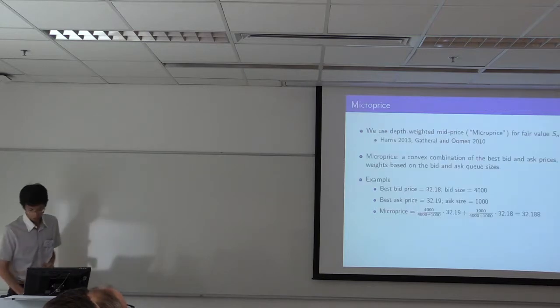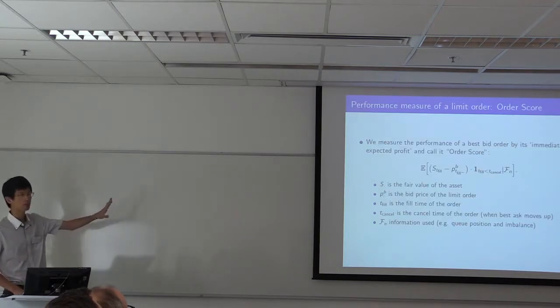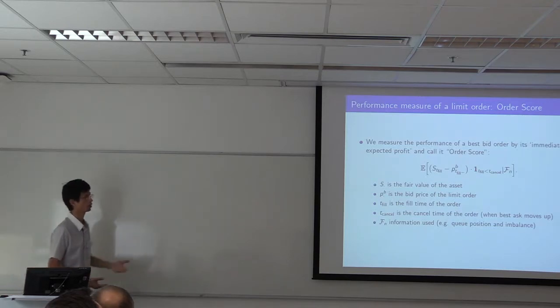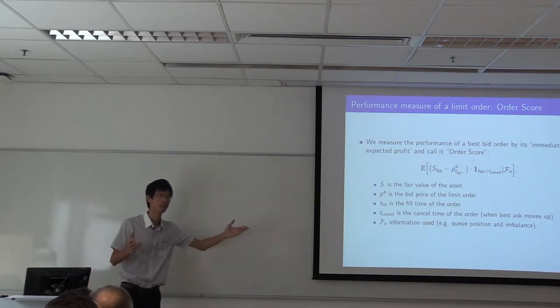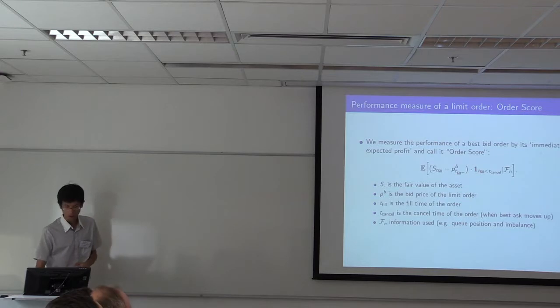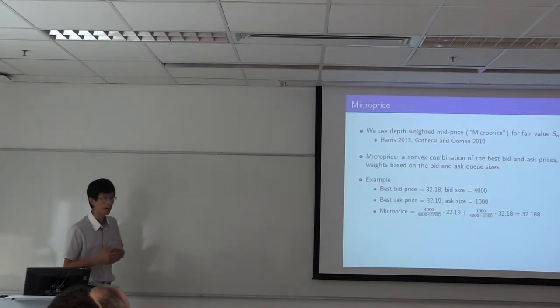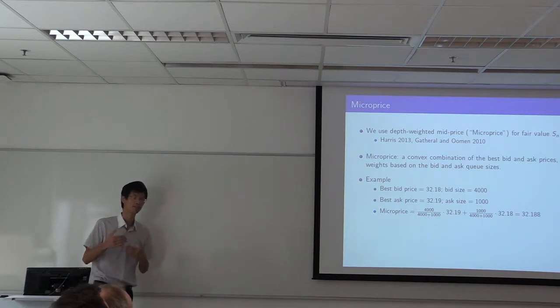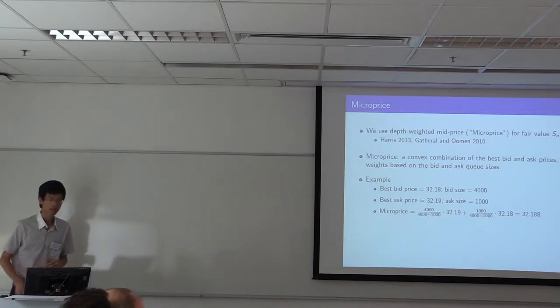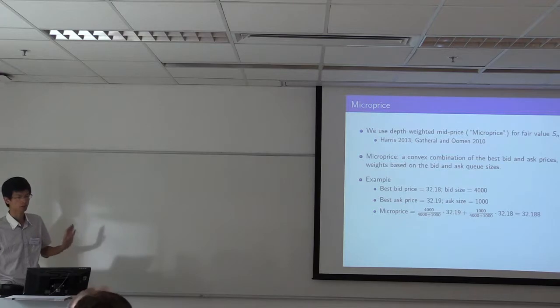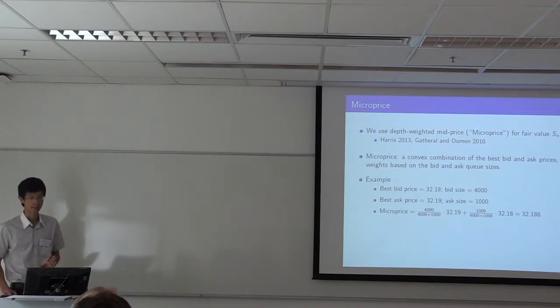Of course, to talk about this performance measure, we first need to talk about how we can measure the fair value of the asset. So we are not going to use the usual mid price, which is the arithmetic average between the best bid and the best ask. Instead, we are going to use this macroprice, which is the depth-weighted mid price.